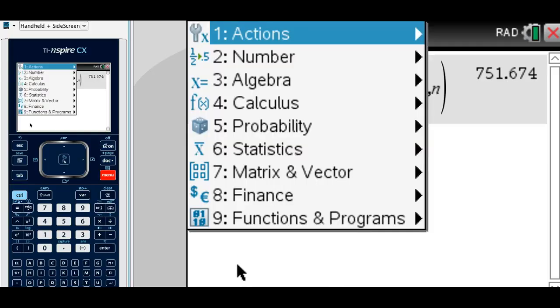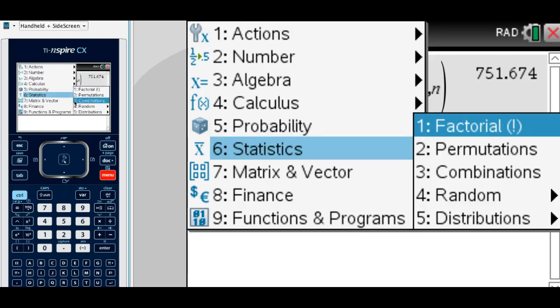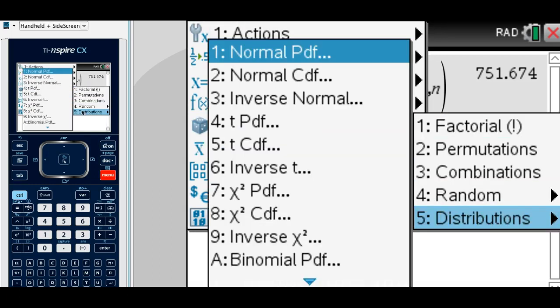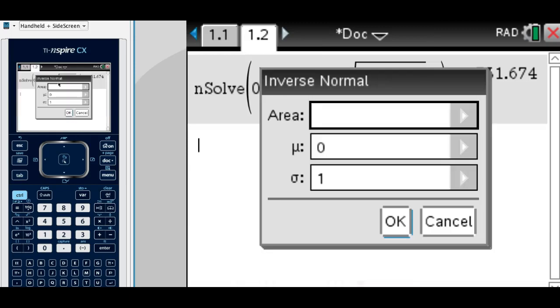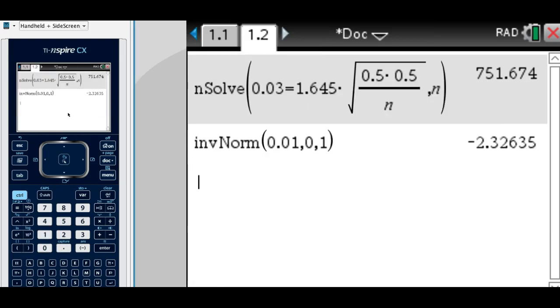So menu, probability, distributions, inverse normal of 0.01. Okay, so let's go like 3 places here. Actually, we're not going to use a negative, we'll just pull this right here, 2.326.